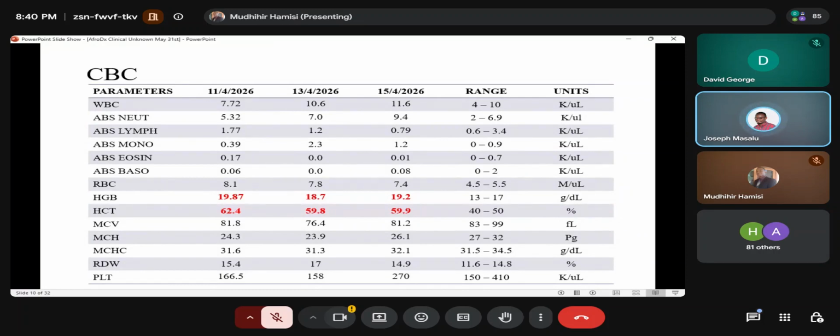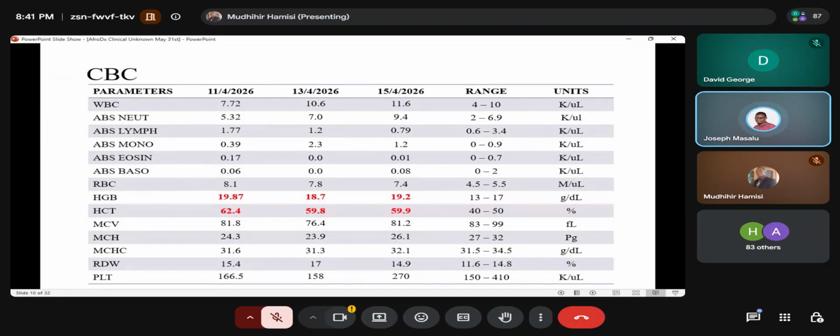This is a secondary process, and secondary causes are many, including dehydration, cigarette smoking, living at high altitude. But that shouldn't take you to 18, 19. I don't think so. If EPO is low, it means the hemoglobin and the RBC are out of control. The erythropoietin is down because it's scared of that process, and the counts are still going up. So that becomes a primary process, a primary hyperproliferation of the RBCs.